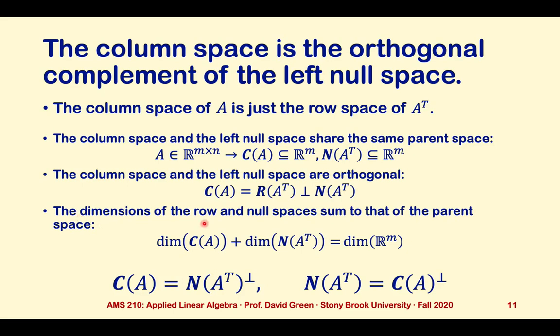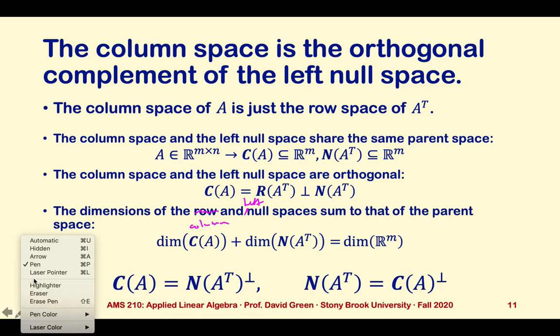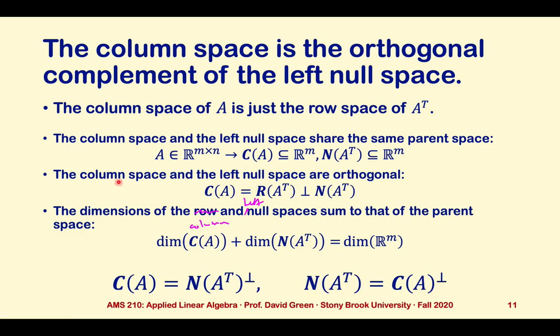The dimensions of the column space and left null space sum to that of the parent space, Rm, and the column space and the left null space must be orthogonal to one another.